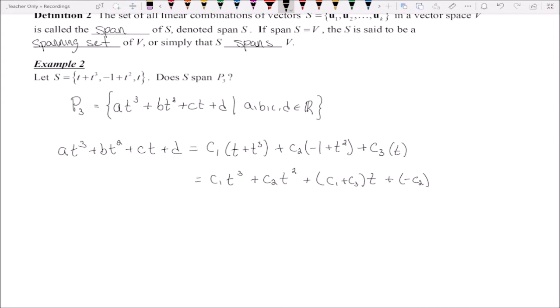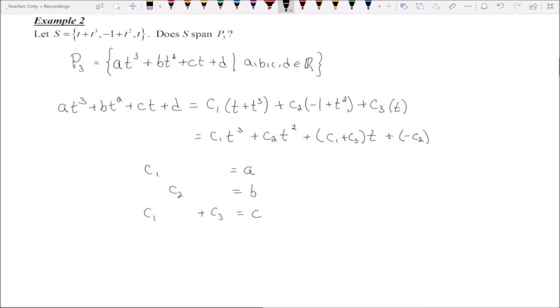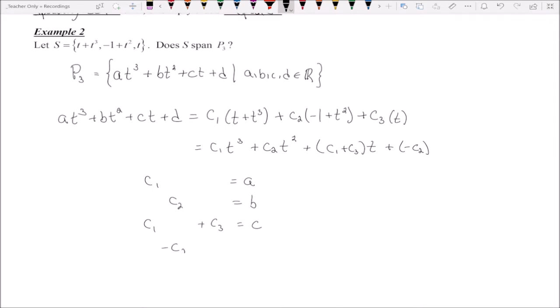Right, so this breaks down to c1 has to equal a, c2 has to equal b, c1 plus c3 has to equal c, and negative c2 has to equal d.